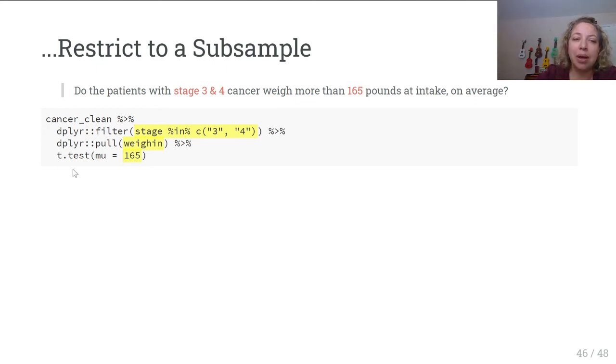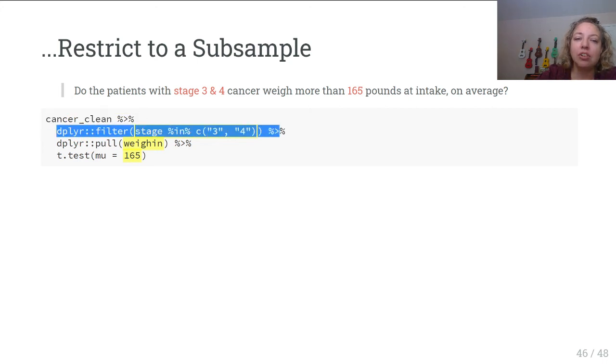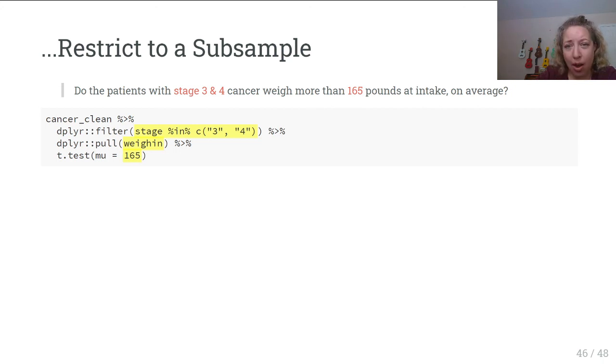So I can do that by, after stating which data set I'm using, filtering out to only take certain subjects. So I'm going to require that the subjects are in stage 4 or 3 before I pull the weight variable and run the t-test, comparing their weights to 165.